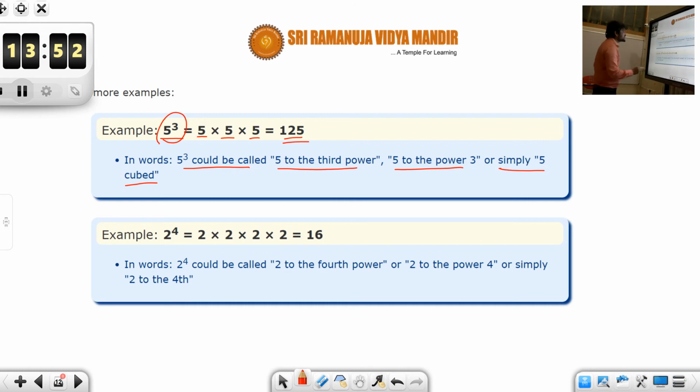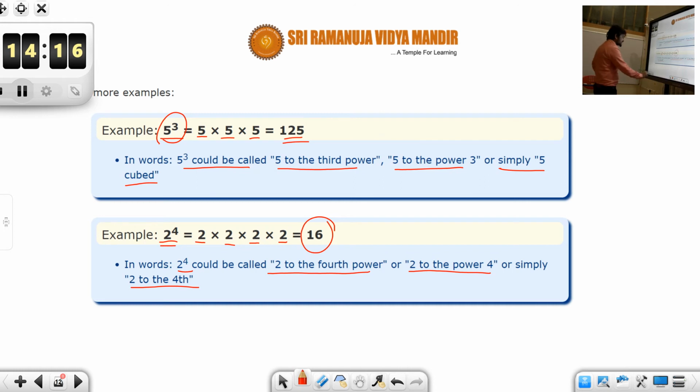Let's look at another example. 2 raised to the power 4 means we need to multiply 2 with itself how many times? 4 times. That is 2 into 2 into 2 into 2. This is 16. In other words, 2 power 4 could be called 2 to the power 4, or simply 2 to the 4th power.